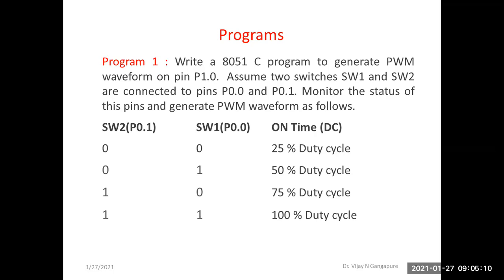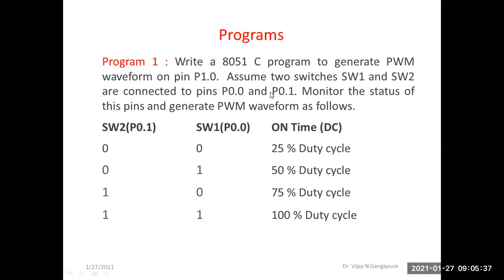The title of this program is: write an 8051 C program to generate a PWM waveform on pin 0 of port 1. On pin number 0 of port 1, we are going to generate such a PWM waveform with varying duty cycle. Assume two switches SW1 and SW2 are connected to pins 0 and 1 of port 0.